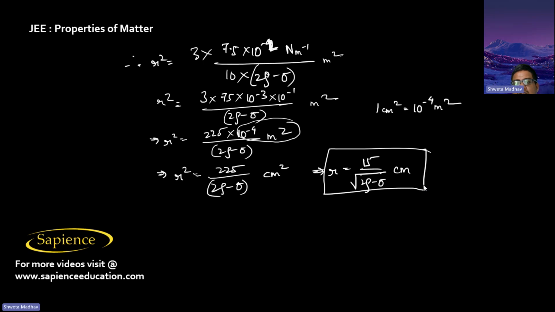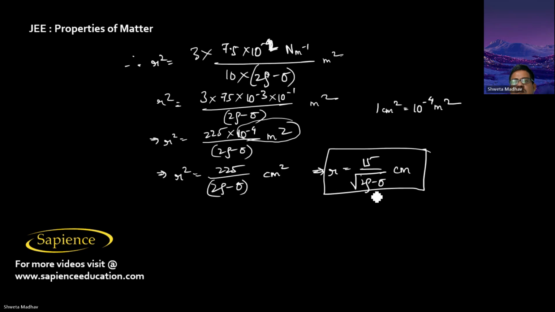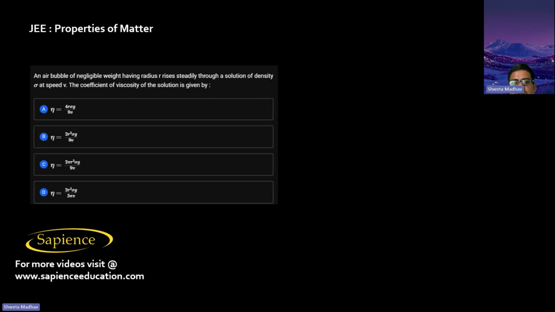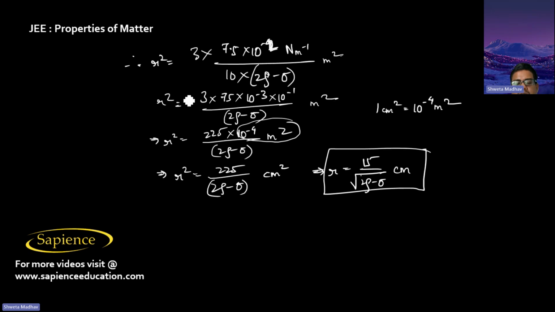So in centimeter, the answer is 15 by root over 2 rho minus sigma. So option A is the correct answer.